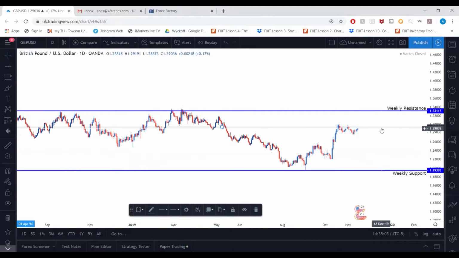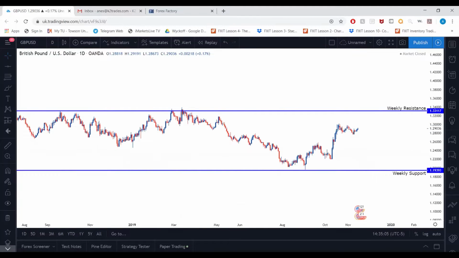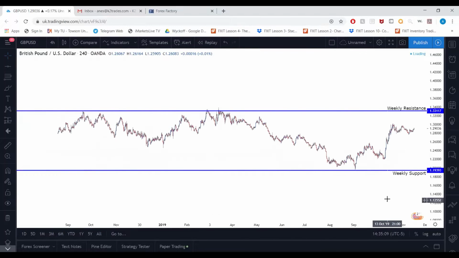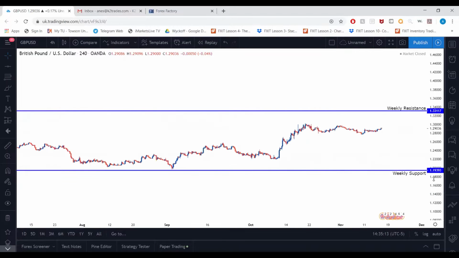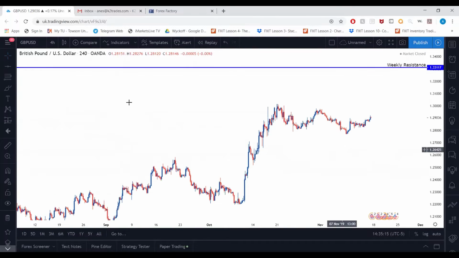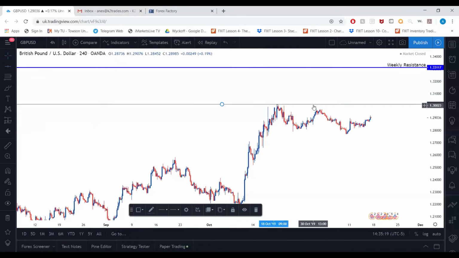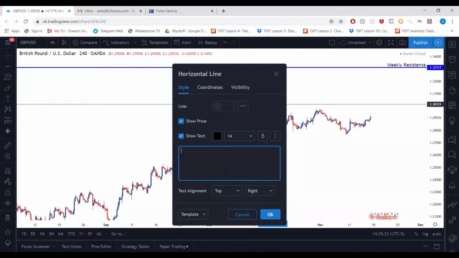I would actually clear that one. Just see if we can find something on the 4 hour. I'll just plot the intraday resistance here because that is the most recent high.